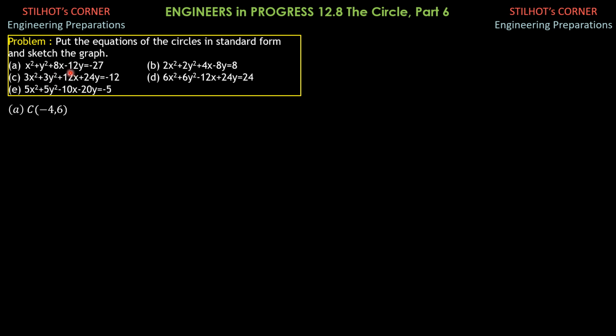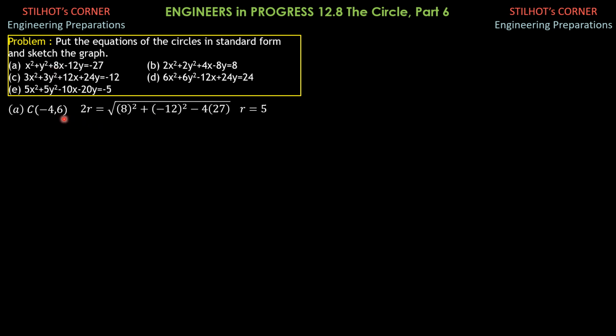So the diameter 2r is the square root of 8 squared plus negative 12 squared minus 4 times 27, because if negative 27 is transferred to the left, it is positive 27. So r is equal to 5.